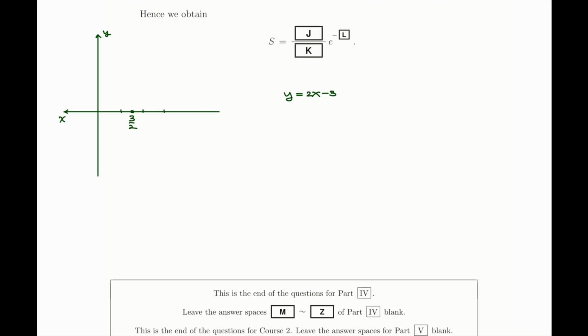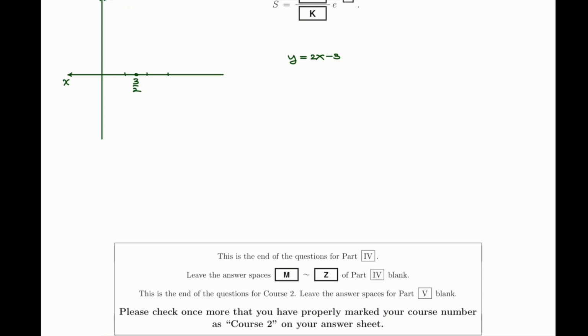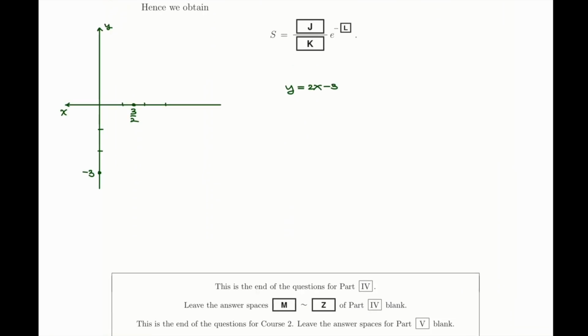And if you set x equals 0 to find the y-intercept, then y equals negative 3. Assume this is -3. This is the graph of y equals 2x minus 3, which is the graph of the second function.